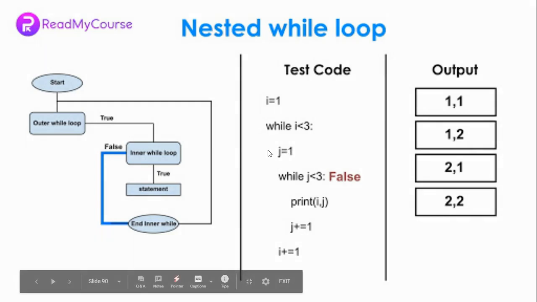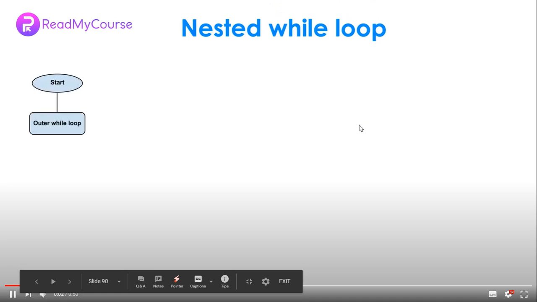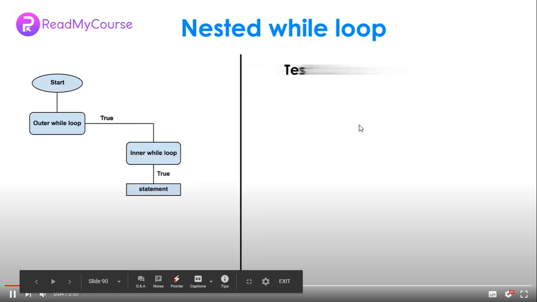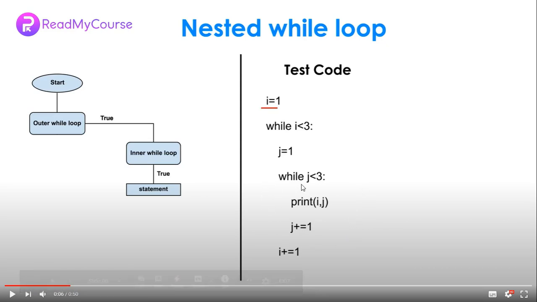So if you see the example of this, suppose that we have this test code. Initially we have i is equal to 1 and we are writing while i less than 3. Inside this while loop we have j is equal to 1, and then we are writing another while loop.